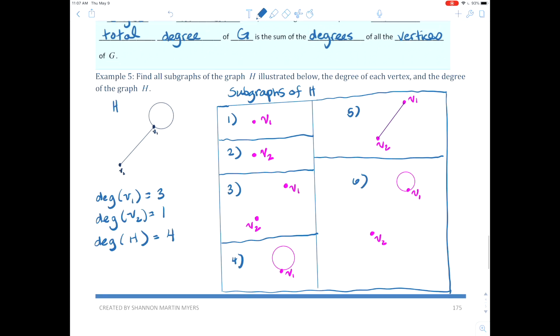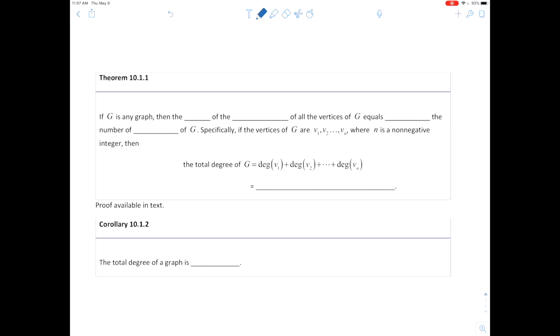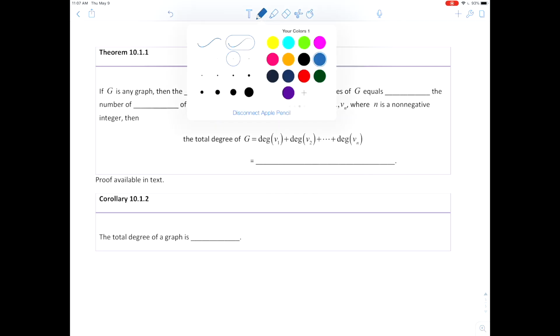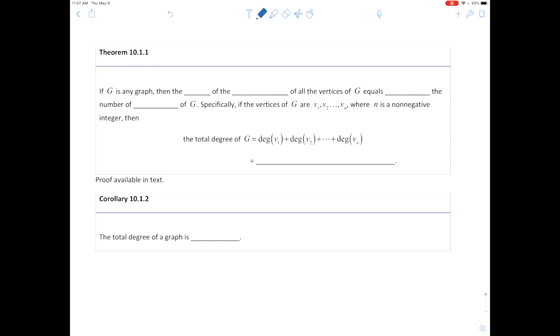All right, so there's a theorem here, theorem 10.1. The proof for this one's available in the text. I thought our time would be better spent on the example problems at this point of the semester.